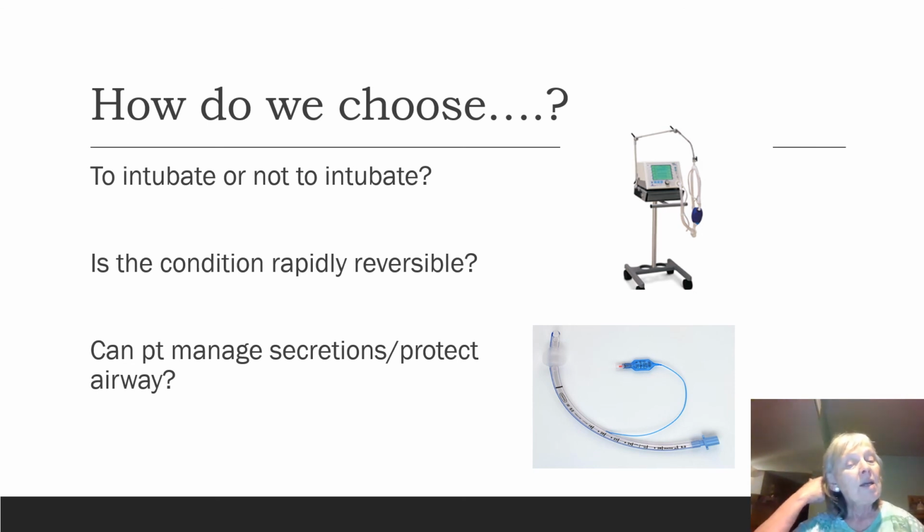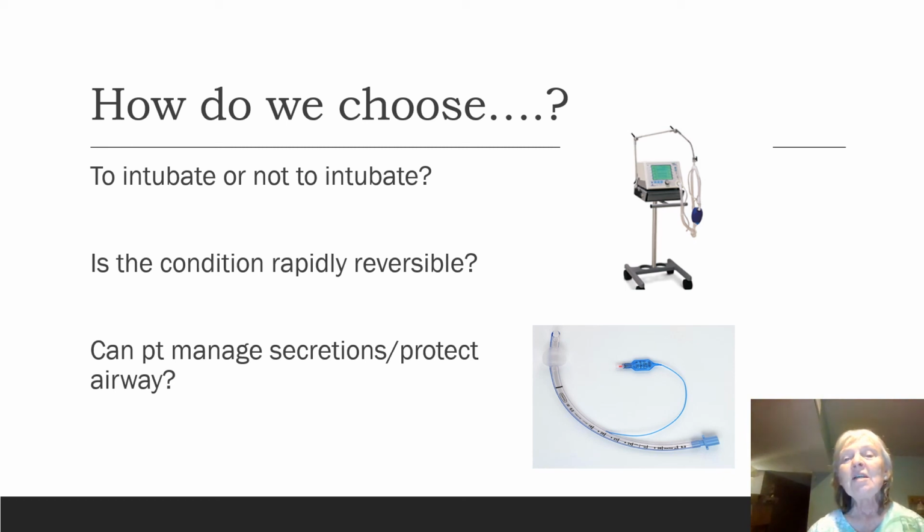And so the question then comes up, how do we choose? Does this patient need to be intubated? Can this patient use the high flow nasal cannula? Can this patient use CPAP or BiPAP? What's going on with these patients? A lot of it depends on what the patient looks like.